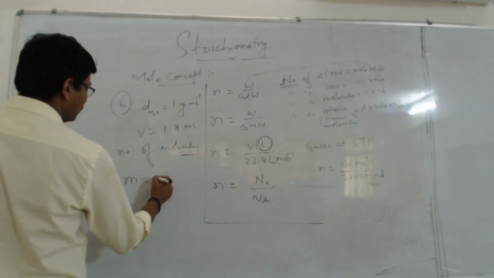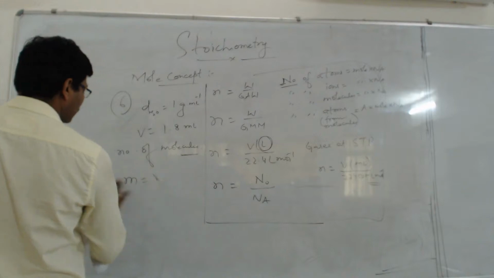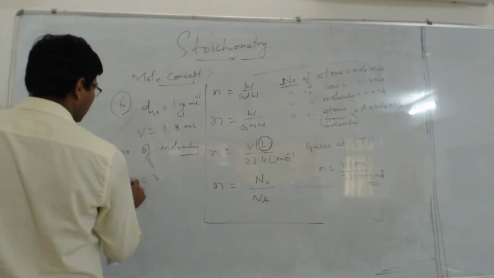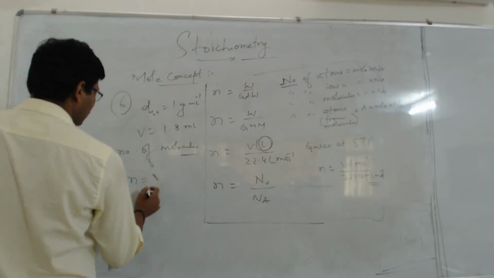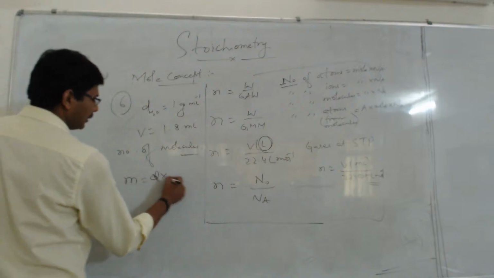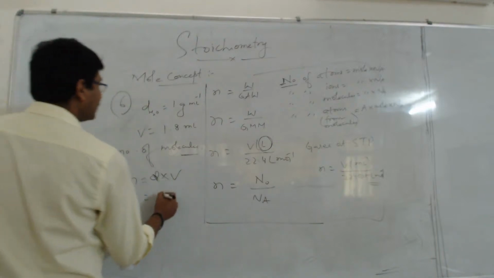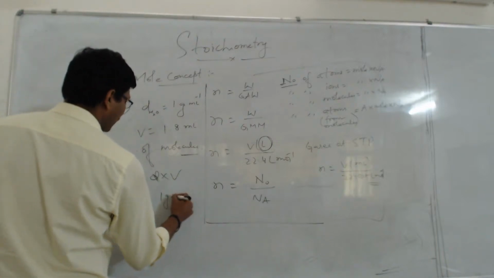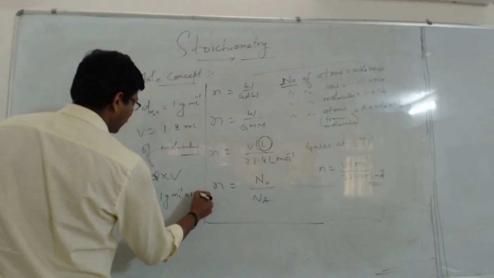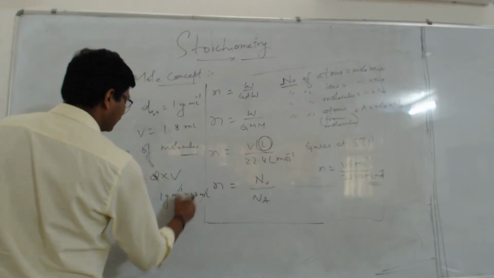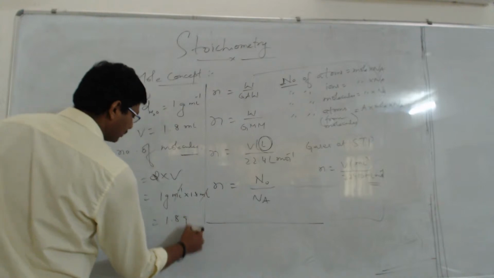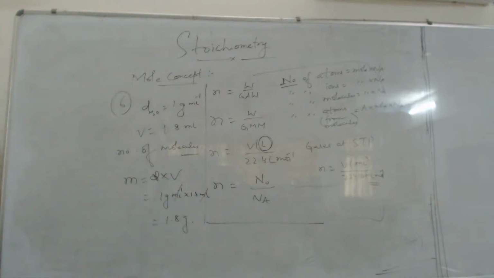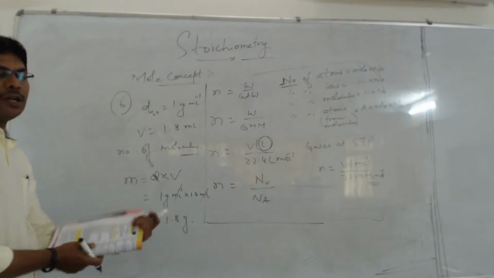So mass equals density into volume. So density is 1 gram per ml into 1.8 ml. So ml will cancel, so it is 1.8 gram. So the amount of water there is 1.8 gram. Now we have to find the moles.